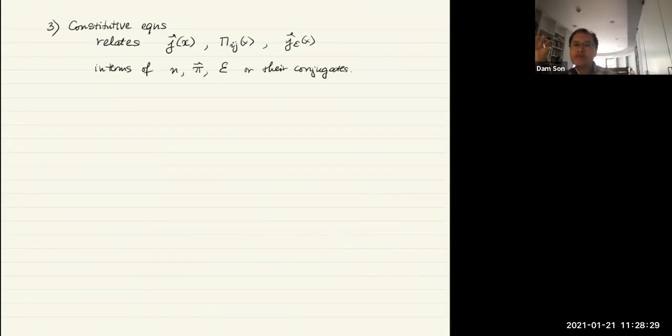In the third step, we need to satisfy certain conditions: Onsager, positivity of entropy production, etc.